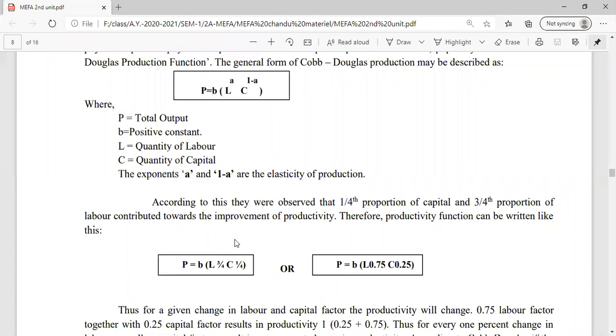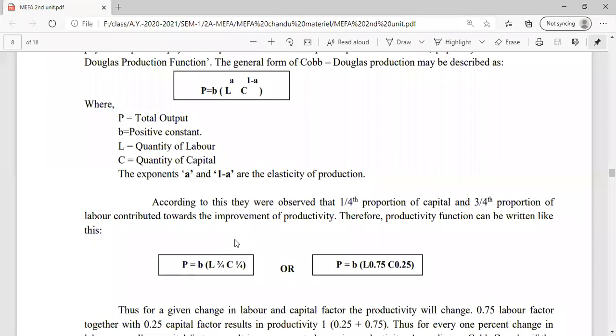And you have to improve your labor also by 3/4. That means previously if you used around 4 persons to produce the products, now you have to use 3 more. So 4 plus 3, 7 persons you have to use. Do you get now what I'm saying?